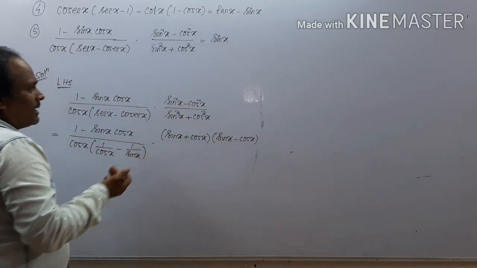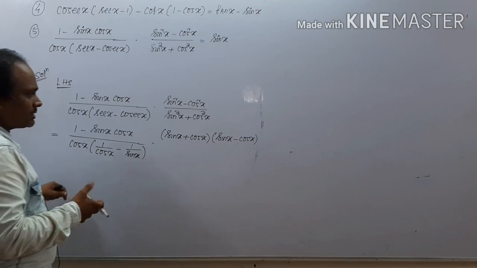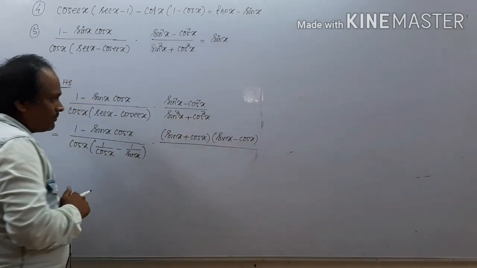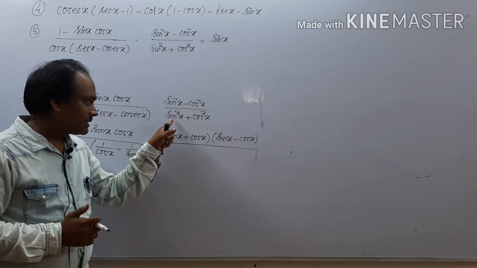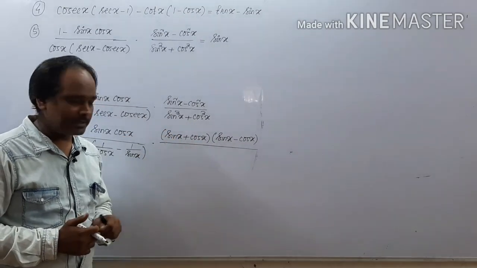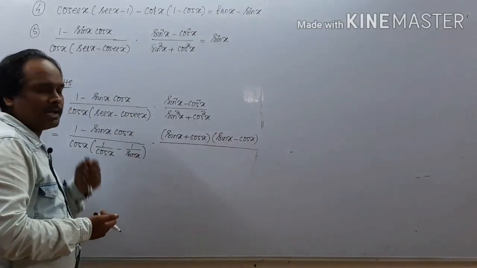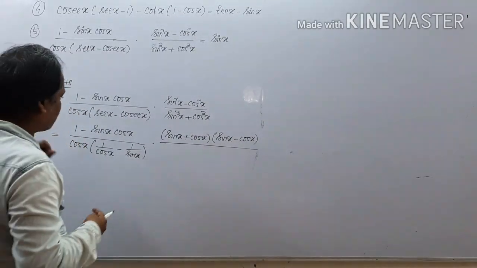So here I have applied the a square minus b square is equal to a plus b multiplied to a minus b formula, right? Similarly, see here the expression is sin cube x plus cos cube x. This is of the form a cube plus b cube. So we have to apply the a cube plus b cube formula. So what is the formula?